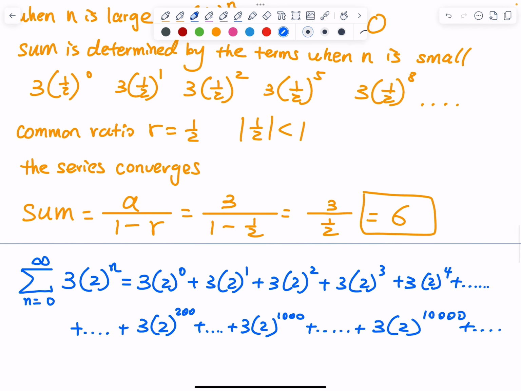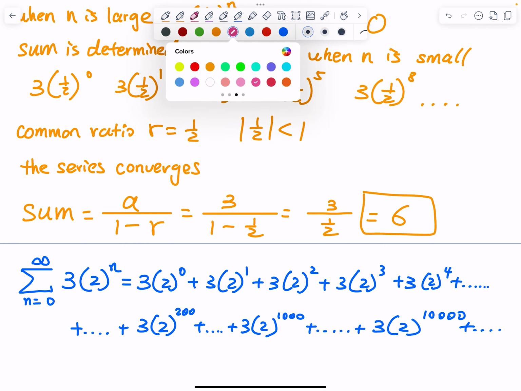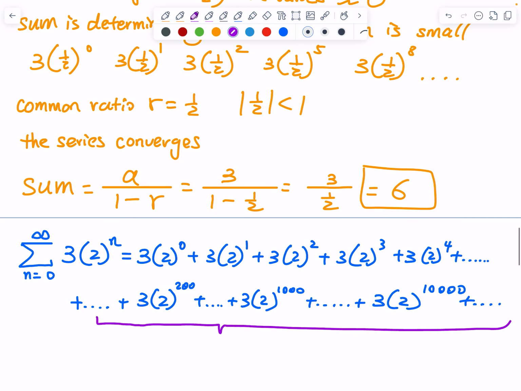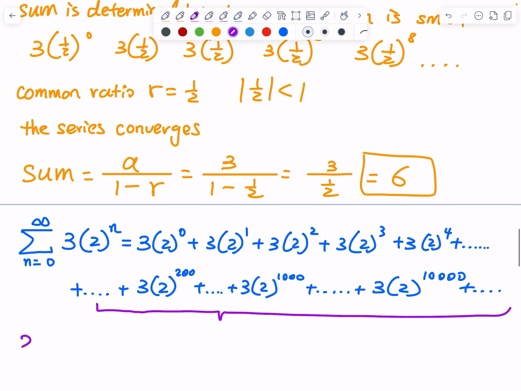So let's take a look at these terms. Every single one of these, we have 2 raised to a very large power, right? So the 2 raised to 200, and then the 2 raised to 1000, all these are infinity.